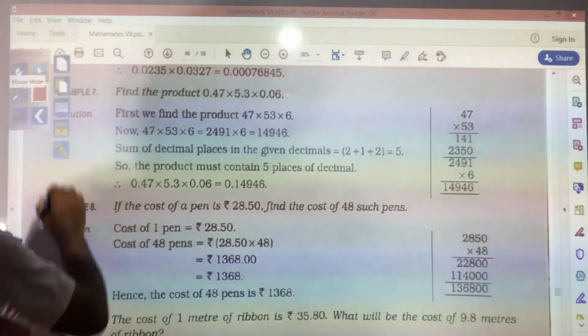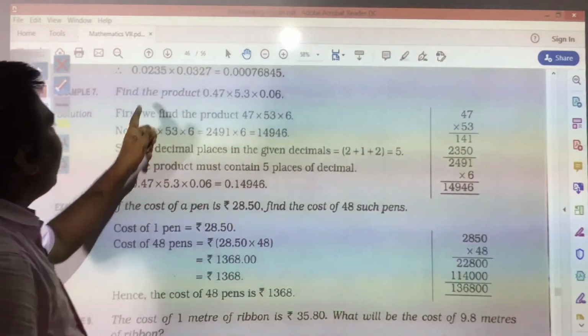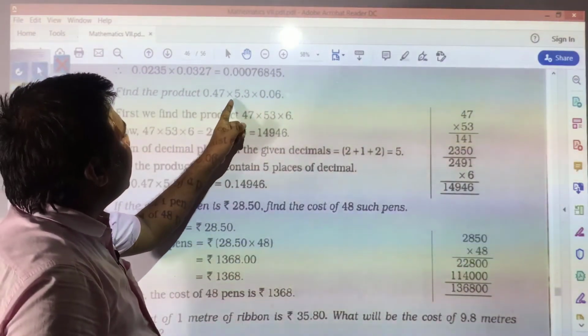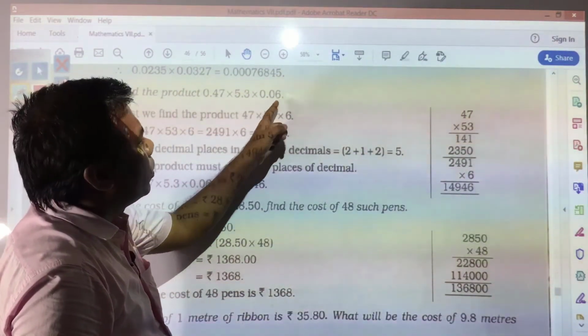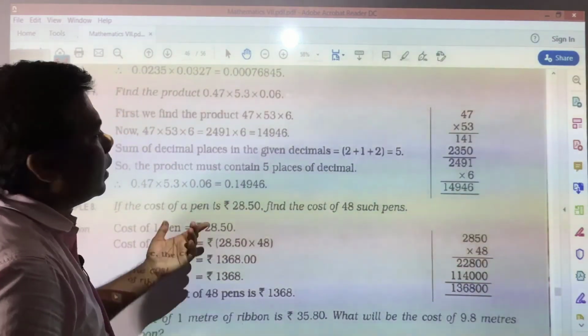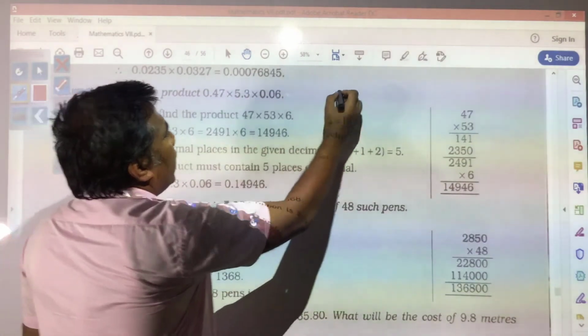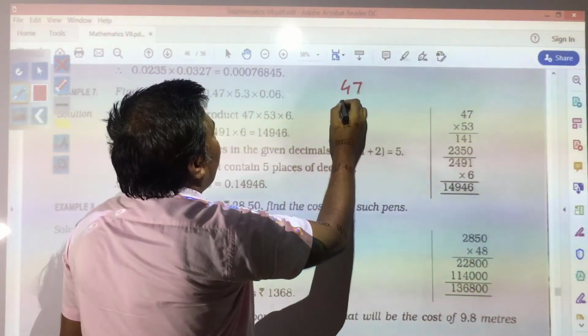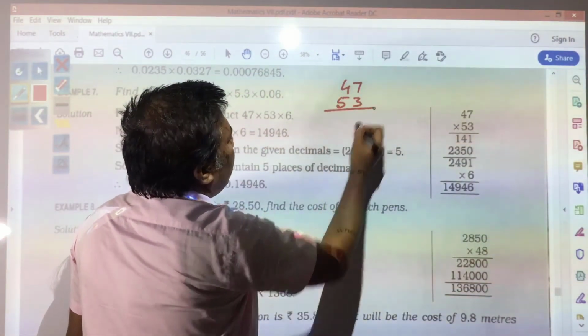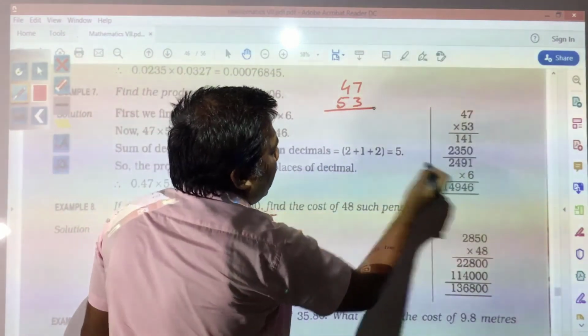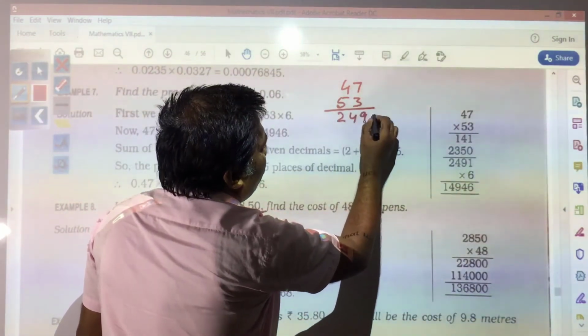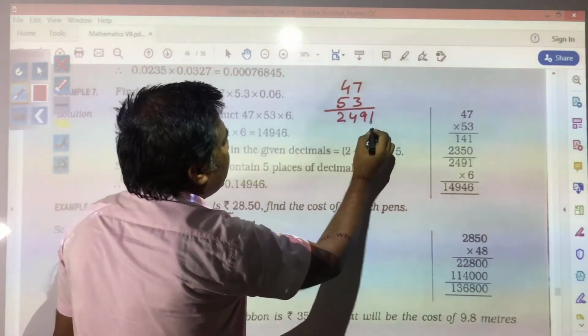Then you have an example: find the product of 0.47 into 5.3 into 0.06. So, what is required to be done? Again without the decimal you multiply. So, 47 and 53, first you multiply. Suppose you have got 2491, then you multiply by 6.